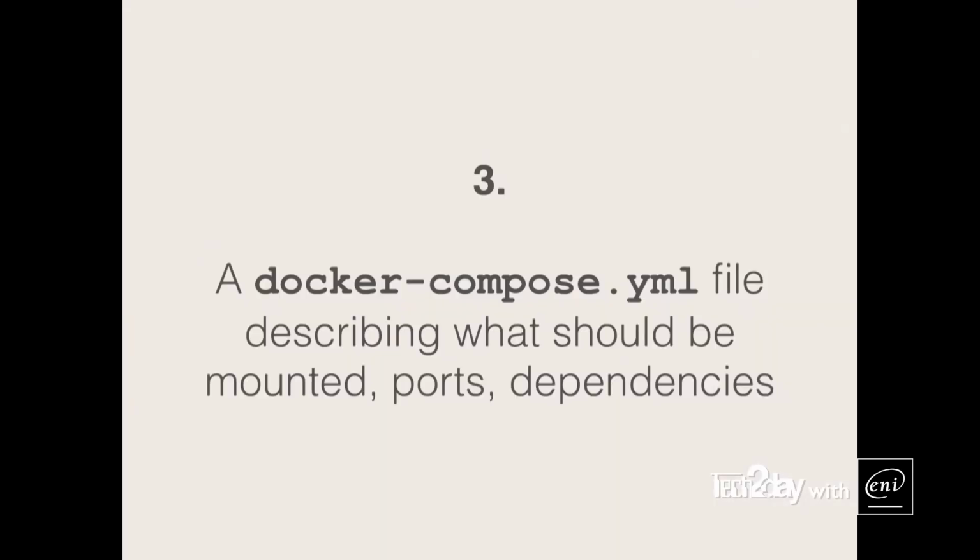And the last thing you need in order to comply to this interface, if you want to run your service in this framework, is a Docker compose file, which basically just has to describe, okay, if I want to run this service locally, what do I need? I need to set some environment variables, I need to expose some ports, and I need, crucially, to mount in some source files.